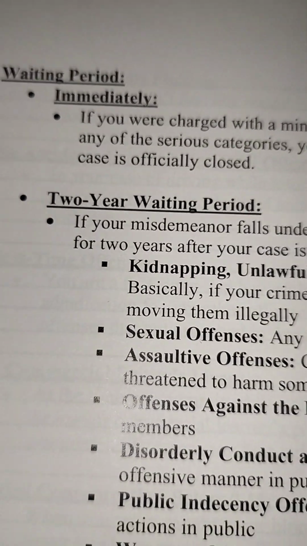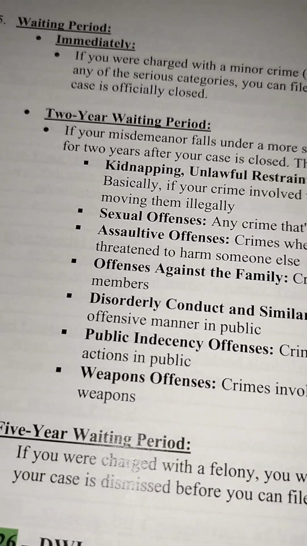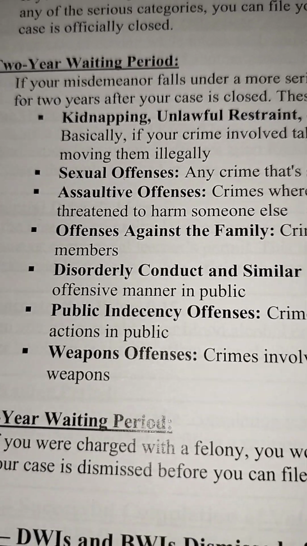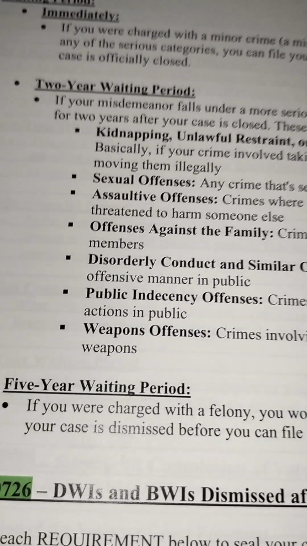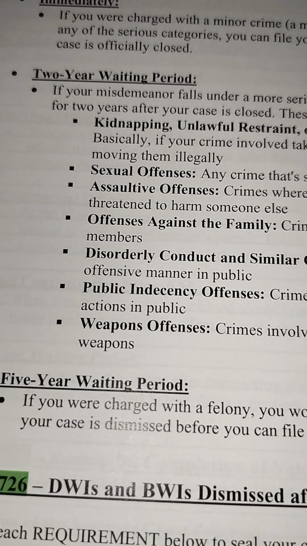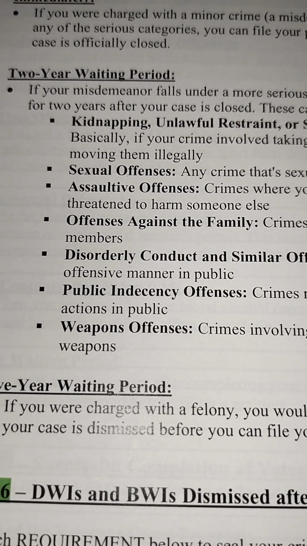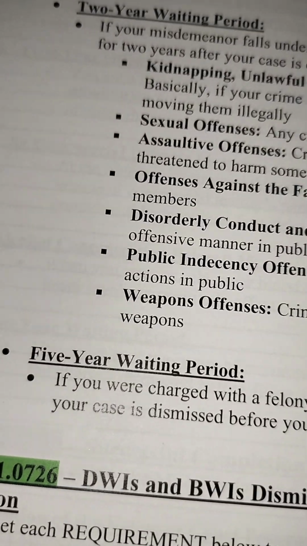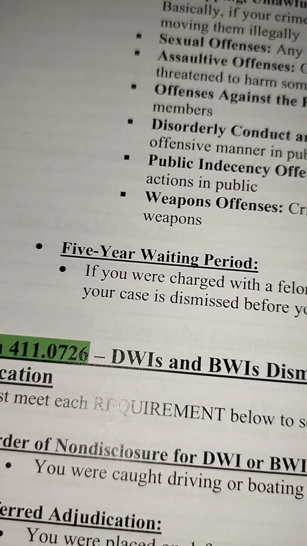You can do this immediately if this was a simple misdemeanor. 2 years if it was a misdemeanor that fell under cases like kidnapping, unlawful restraint, or smuggling of people, human trafficking, sexual offenses, assaultive offenses, offenses against the family, disorderly conduct, public indecency, weapon offenses. But since we are talking about a felony charge, we're looking at the 5-year waiting period.